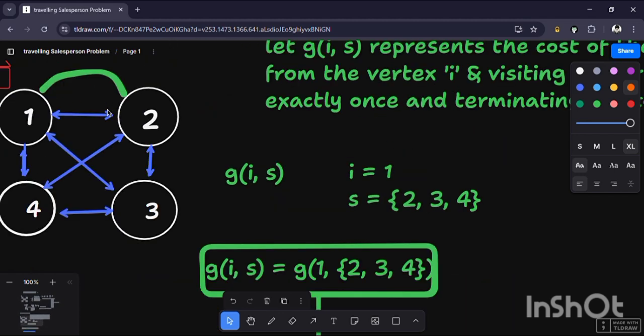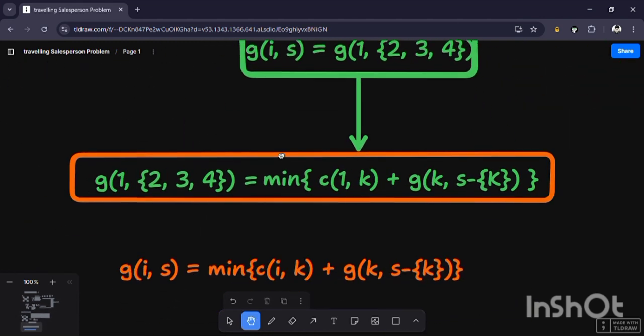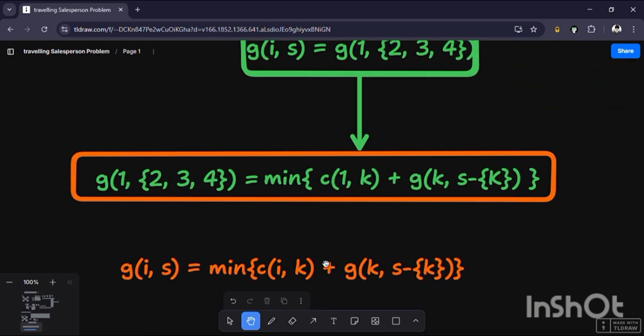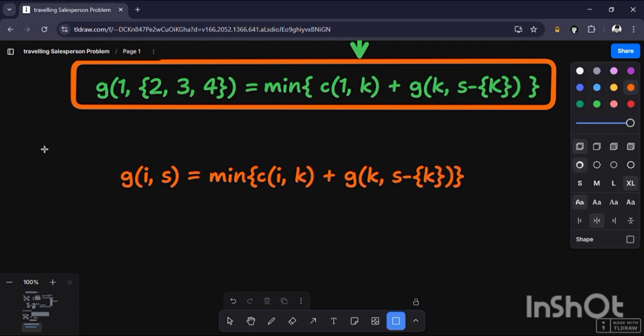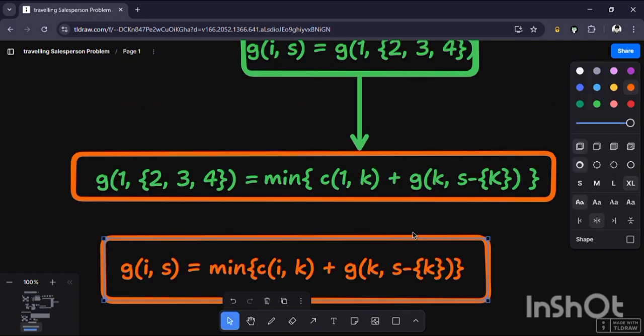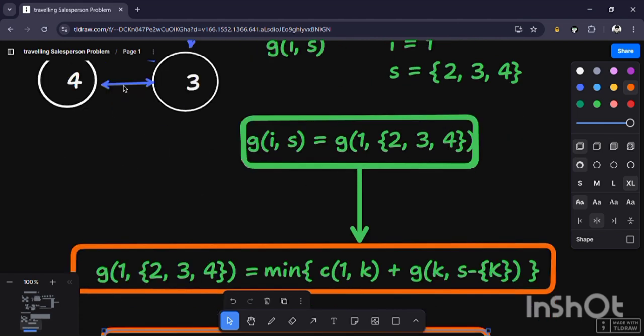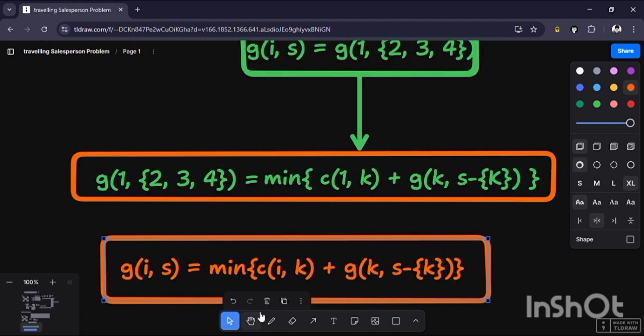This one is for this particular problem, and this generalized equation is for any traveling salesman problem, right? This is for any traveling salesman problem, and the other is only for this graph. So here I have missed it.